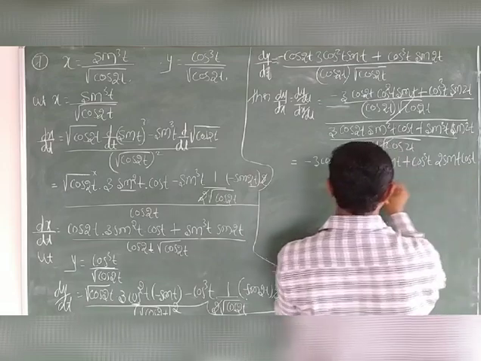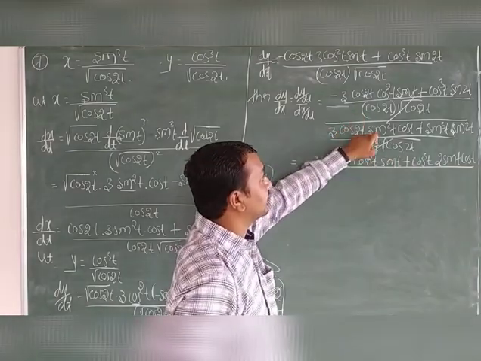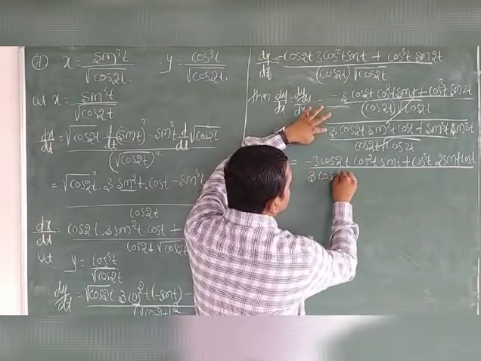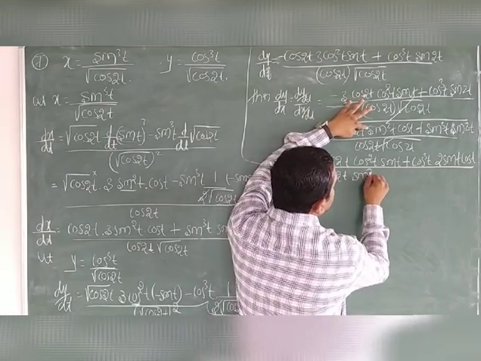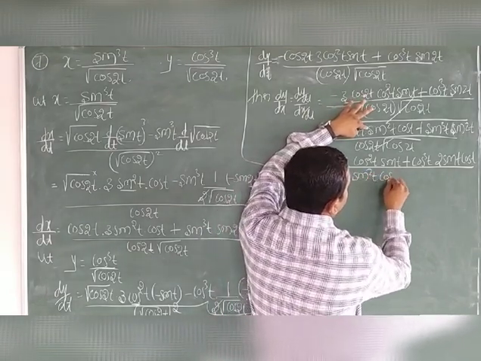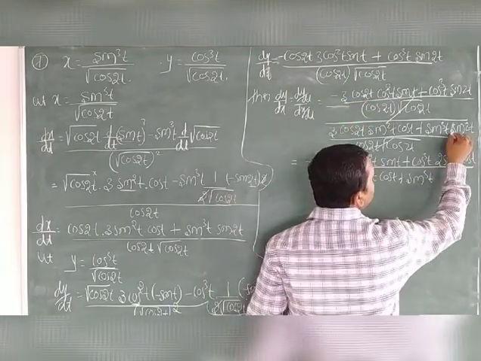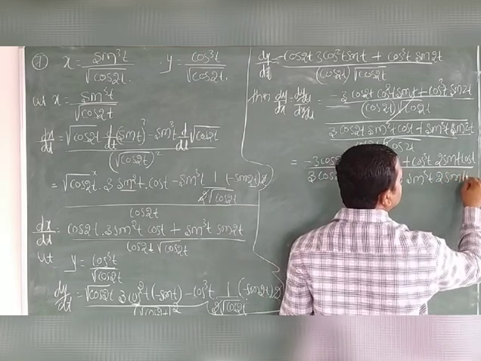Whole divided by, so the numerator gets cancelled. The remaining term is 3 cos 2t sin square t cos t plus sin cube t as it is. Here again sin 2t can be written as 2 sin t into cos t.